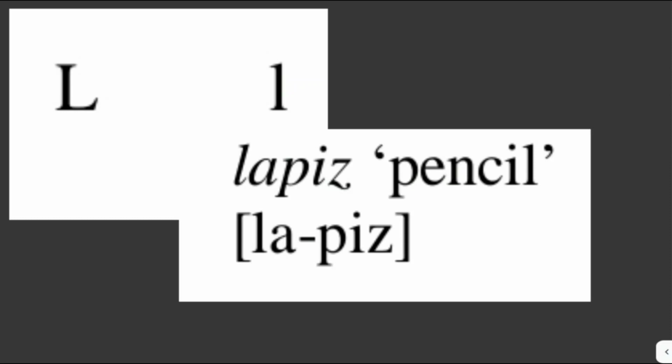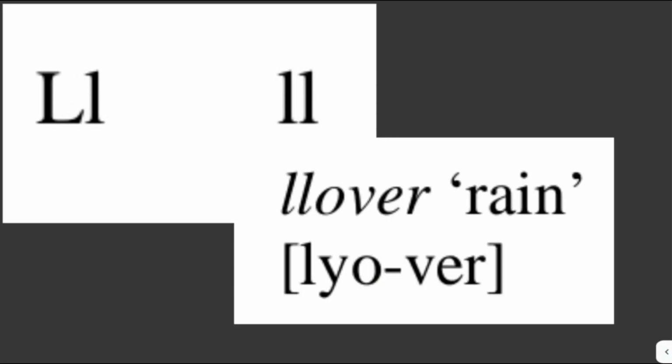The next letter is L, which is pronounced as L, as in English, light, blame, ball. Say for example, lápiz, lápiz, which means pencil. The next one is double L, which is pronounced as elye, as in English, galleon. Say for example, lluvia, lluvia, which means rain in Spanish.